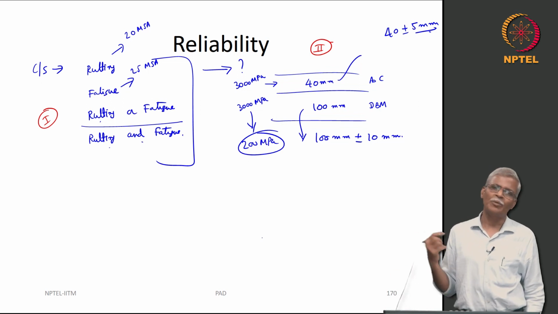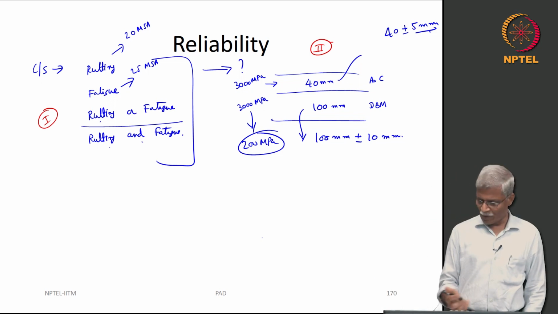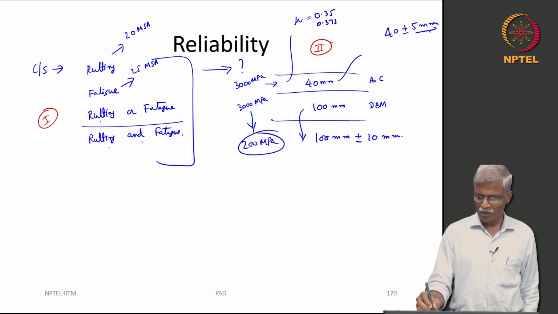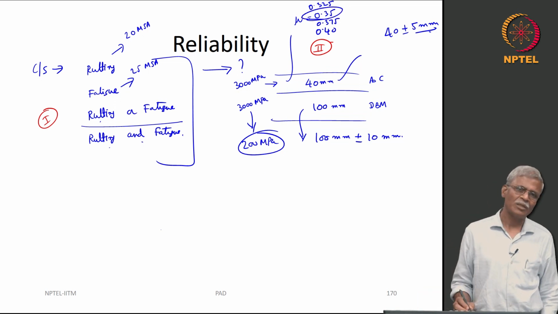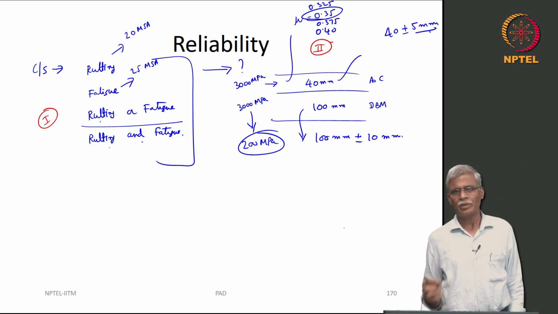Now, when the material properties as well as the thickness are also varying, what will happen to it? You can even talk in terms of Poisson's ratio. So, it can vary from 0.35, 0.375, 0.4, 0.325. These variations could be there. The mean value can be taken as 0.35, and so what will really happen to the reliability?